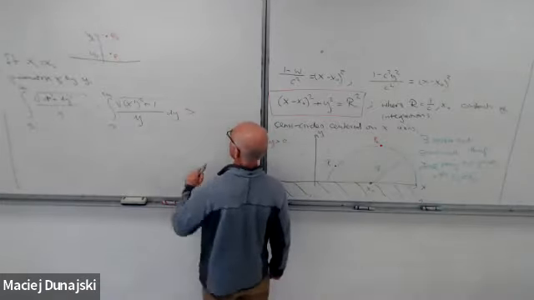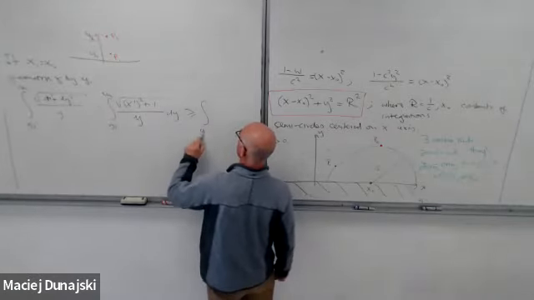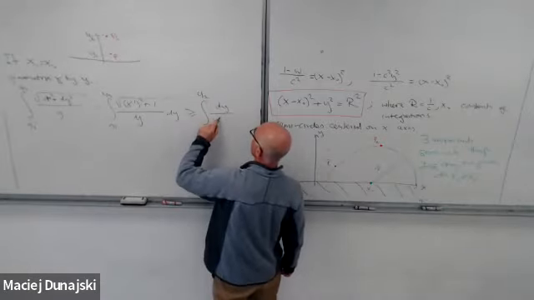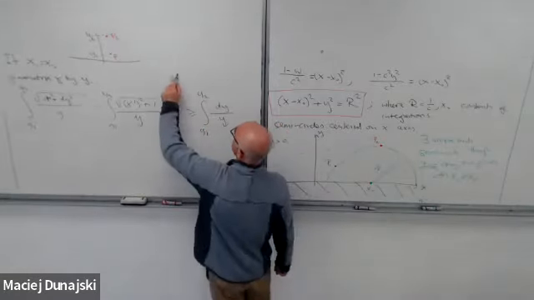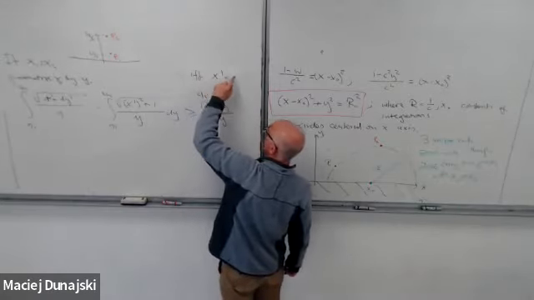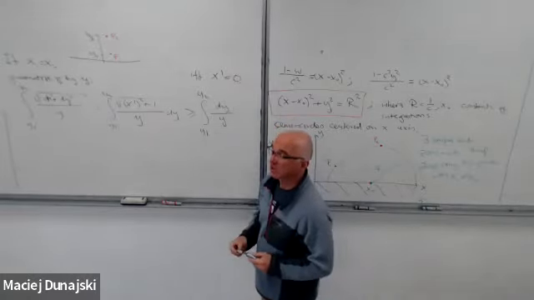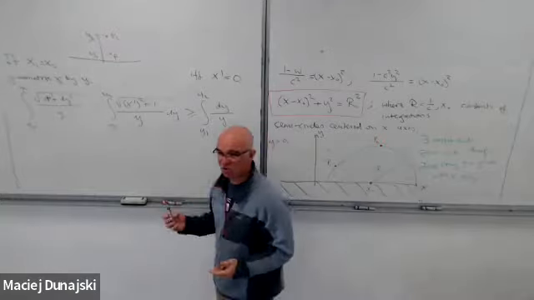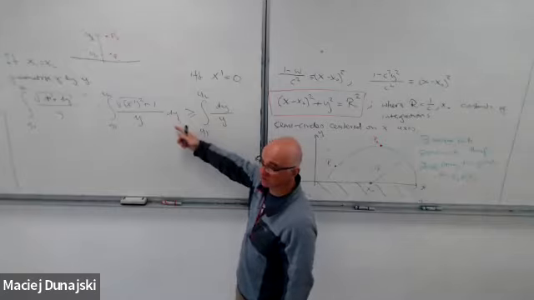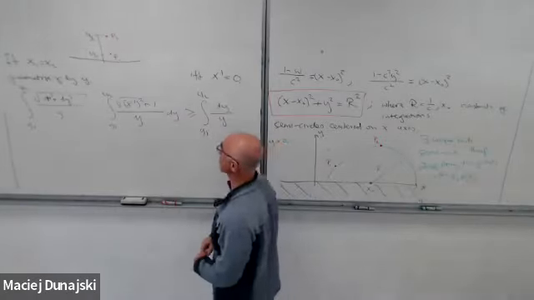So this is definitely greater or equal to an integral of dy over y, with equality if and only if x prime equals 0. Clear. So for a minimizer, we want this lower bound to be saturated. So we need x prime equals 0.